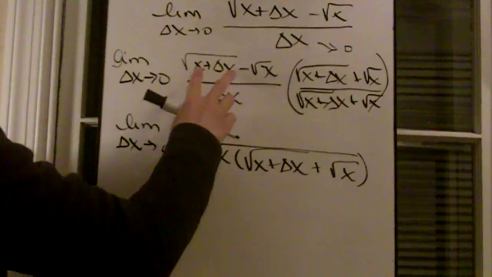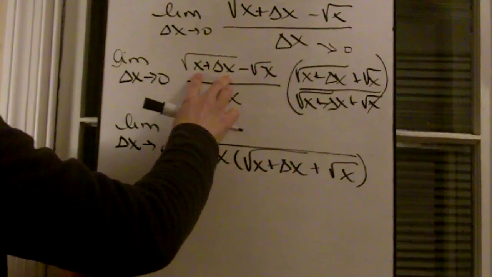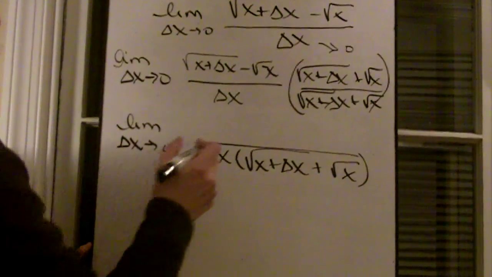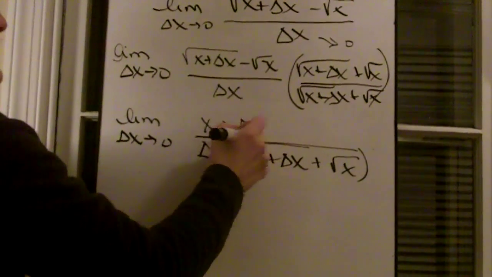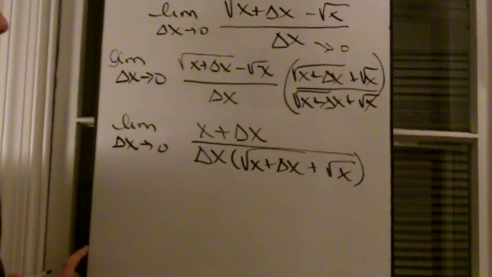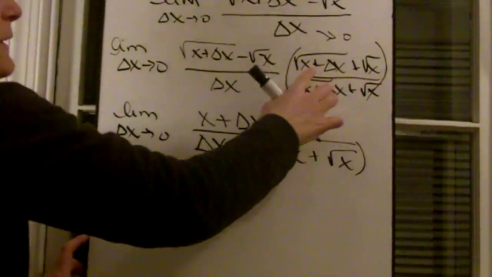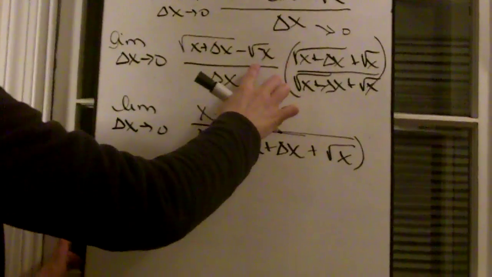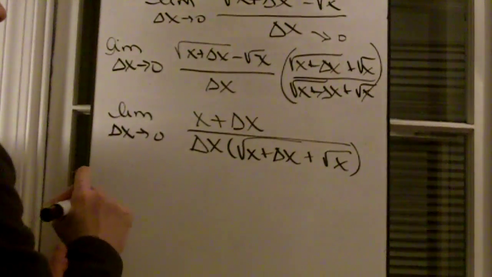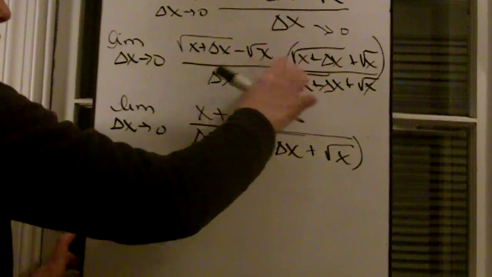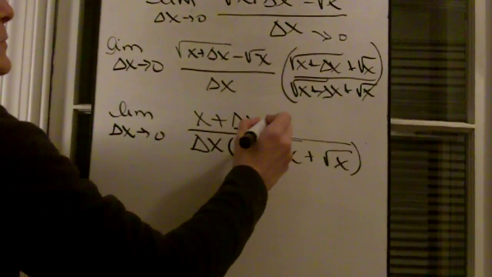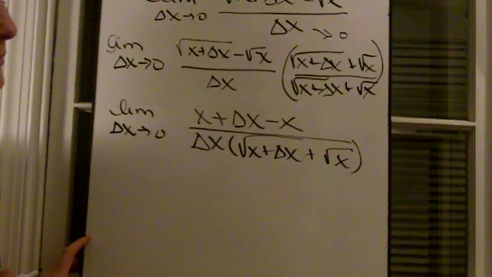But the numerator is going to be the square root of x plus delta x times itself, which gives me x plus delta x. And the outer and the inner term in my FOIL will go to 0. And my last term will be negative square root of x times positive square root of x, which is -x.